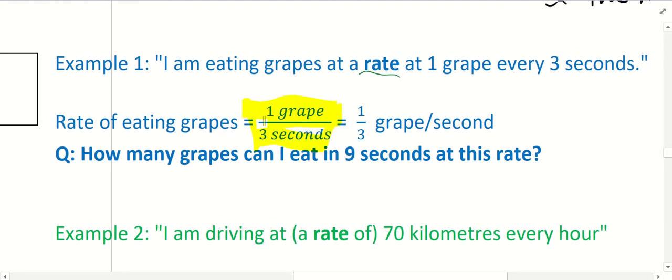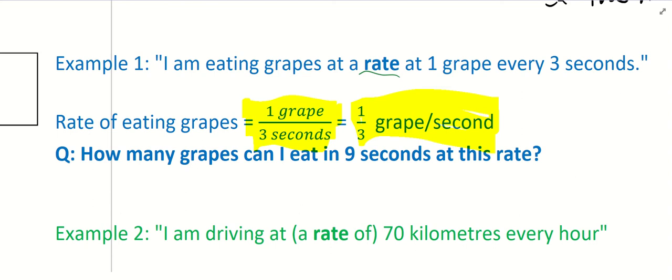We express it as a fraction, 1 grape per 3 seconds, or equivalently 1/3 grapes per second. It doesn't quite make sense to say 1/3 grapes per second, but you get the idea. So this is the rate of me eating grapes.